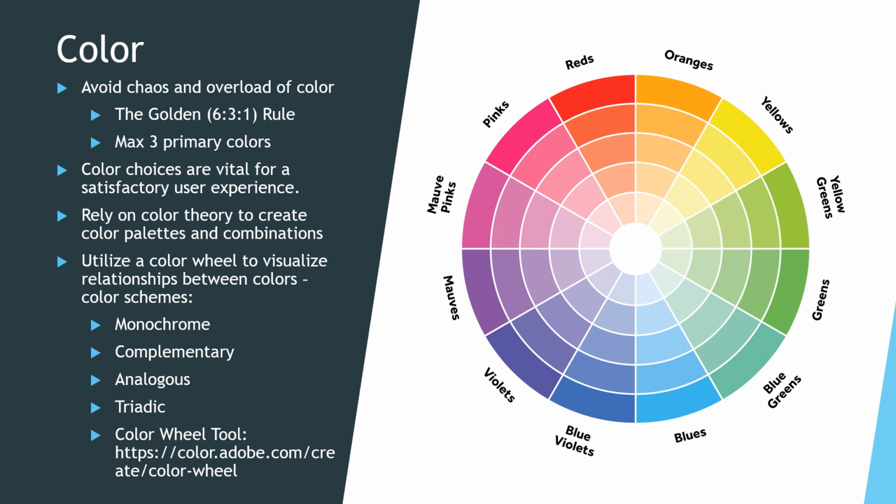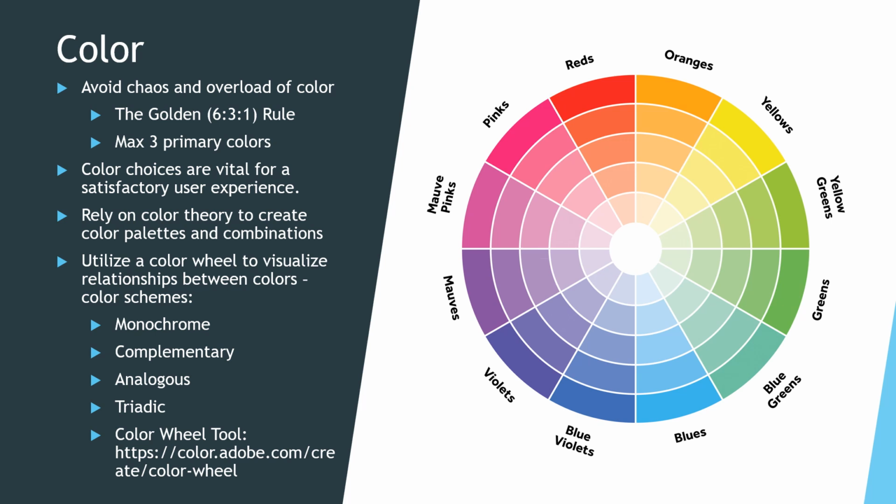Now, blue is probably the most popular color for many corporate brands, because it symbolizes trust and reliability. So color choices are going to be vital for satisfying user experience.